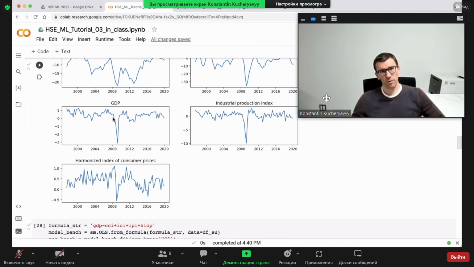Then after the global financial crisis, it looks like the economy started getting haywire. We don't know why. There's the Lehman crisis, the global financial crisis, the European crisis, Euro crisis, then the pandemic. Maybe those are just unlucky shocks. But anyway, there is a reason to believe that before 2008 and after 2008 are different epochs.